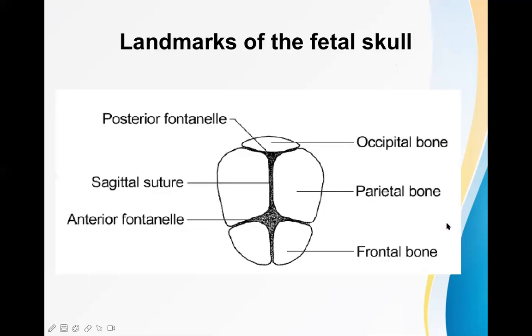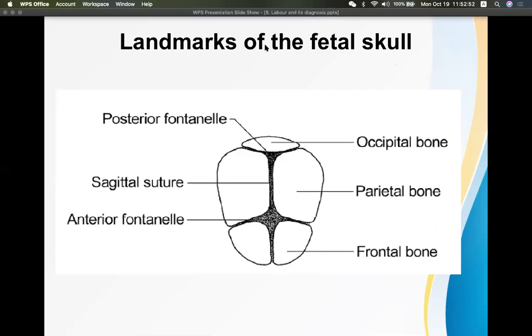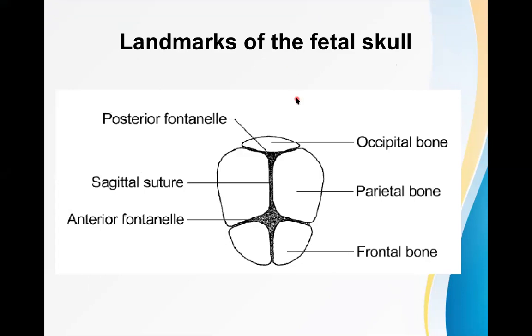Now see there. So these are the landmarks of the fetal skull. So please pay attention here. This is the anterior fontanelle. Here is the posterior fontanelle. These are the parietal bones. These are the frontal bones.